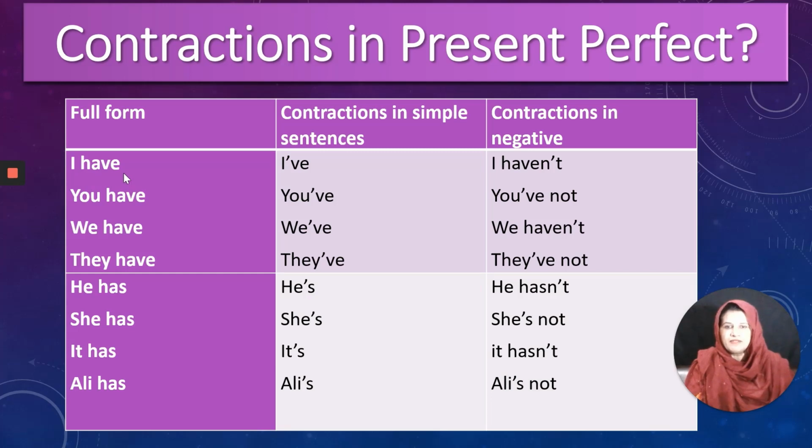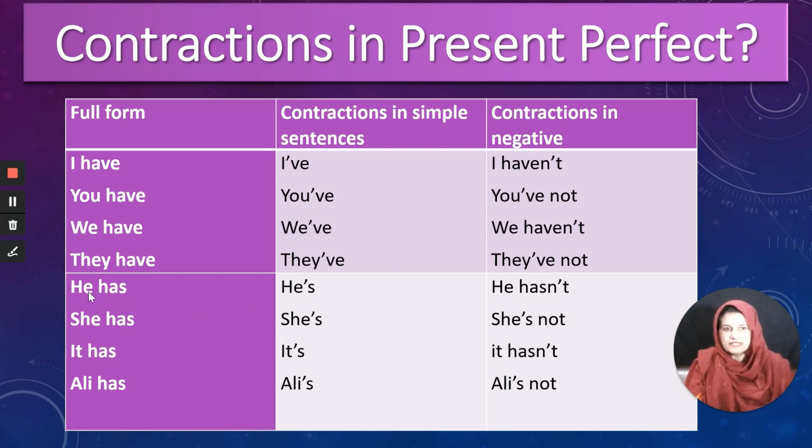I have into I've, you have into you've, we have into we've, they have into they've. You can see that we removed "ha" and instead we added an apostrophe in order to contract it. And you can see the same rule in all these contractions.